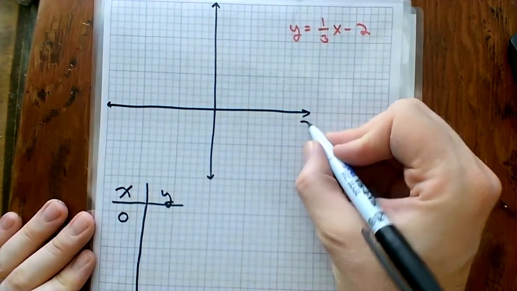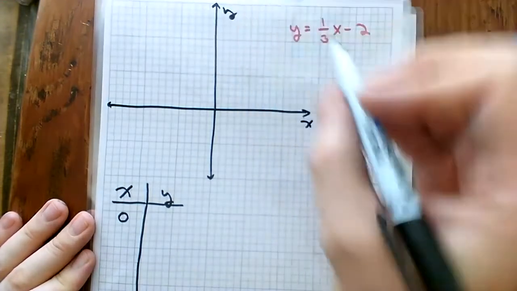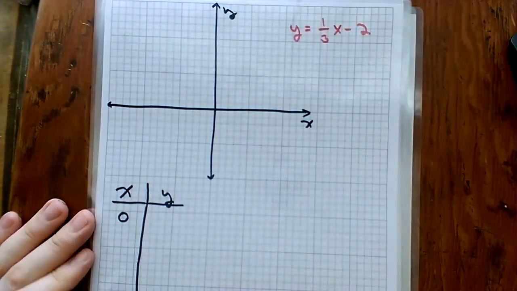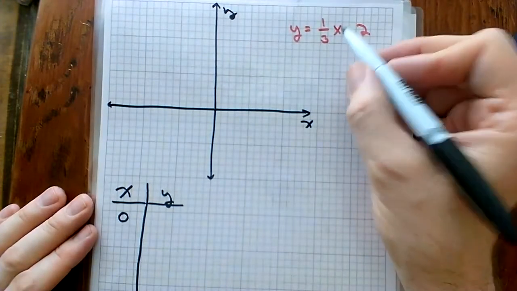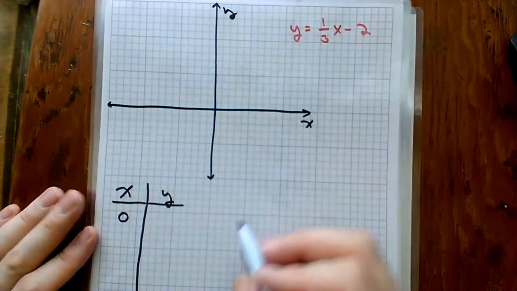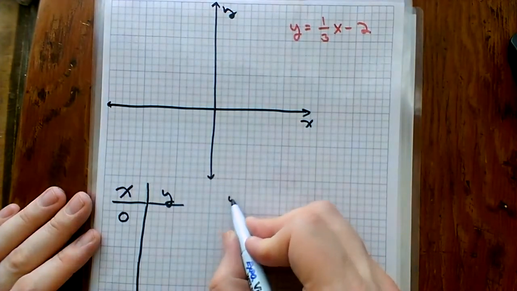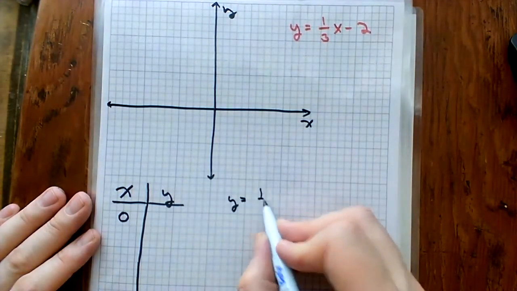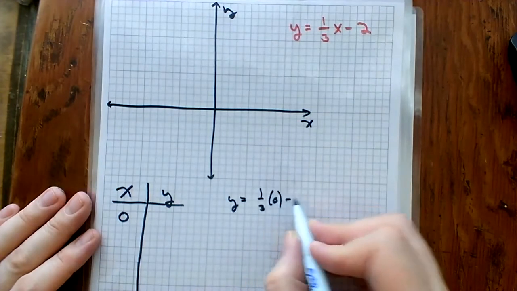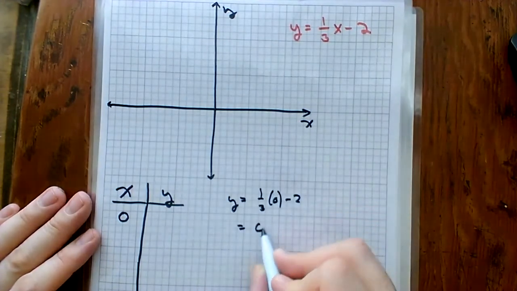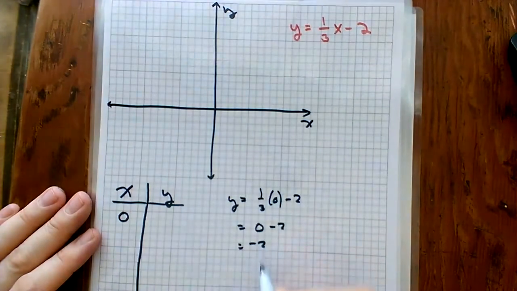Oops, I forgot to label my axes. There's another useful technique, and that is we're going to choose some good values for our x. But I'm going to start with just 0 for now. So when x is equal to 0, I'll have 1/3 times 0 minus 2. That's going to be just 0 minus 2, or negative 2.